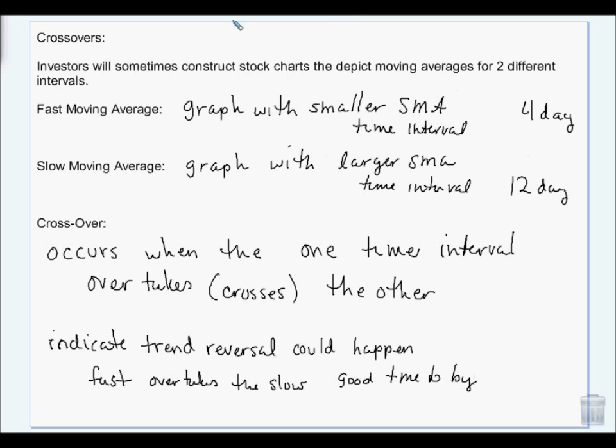Or if the slow overtakes the fast, like crosses and goes above the fast, that might be a good time to sell.